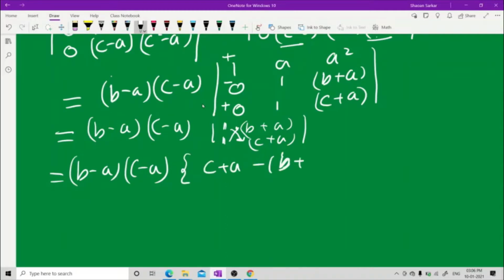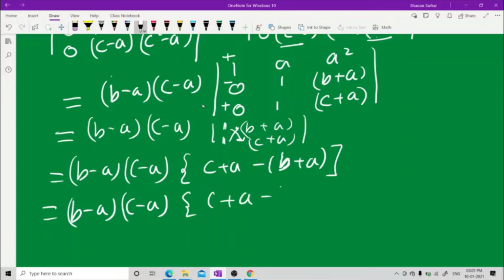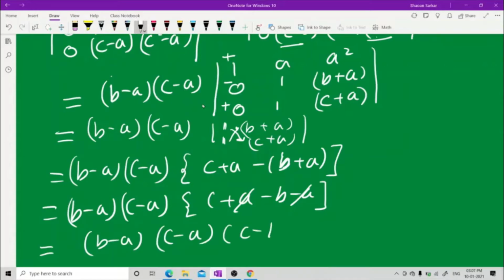This is b plus a. Now you have b minus a, c minus a, then you have c plus a minus b minus a. Opening the brackets, a and a cancel out. What you get is b minus a, c minus a, and c minus b.